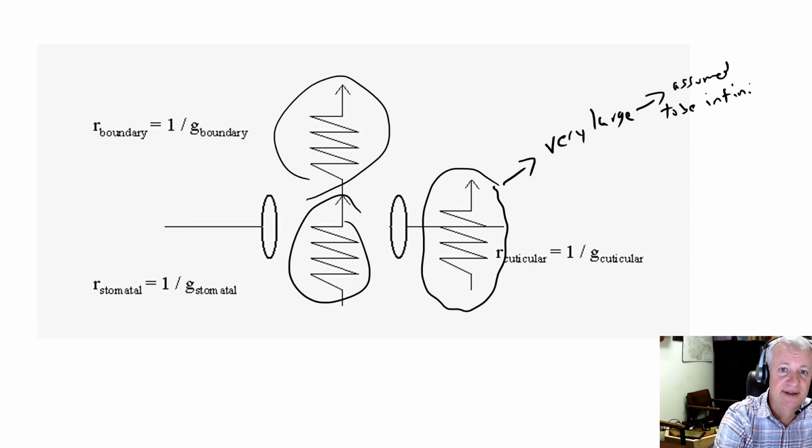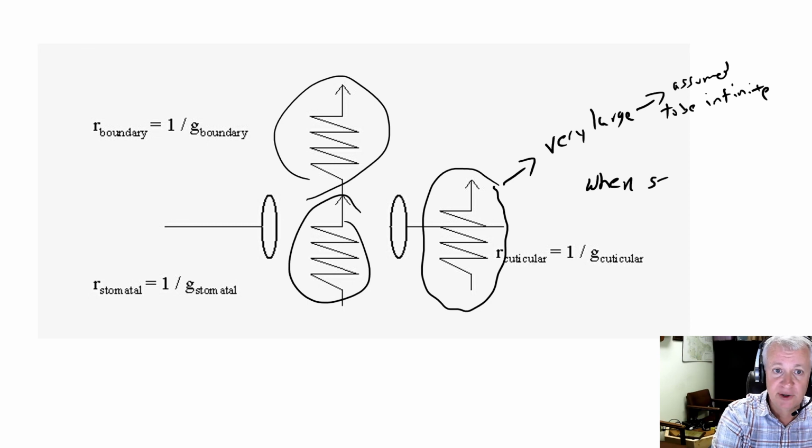In other words, under most cases, we can assume that the cuticle is impermeable to water vapor. Where cuticular resistance becomes important is when the stomata are completely closed. So under really extreme drought conditions, when the stomata are completely closed, we can measure cuticular resistance and find that the cuticle actually does allow a little bit of water vapor diffusion. There's almost no cuticle that's completely impermeable to water vapor. And you might actually see some species differences in cuticular resistance.